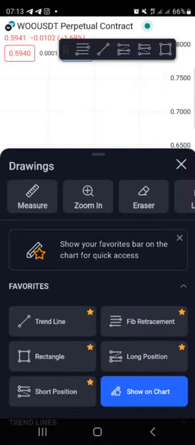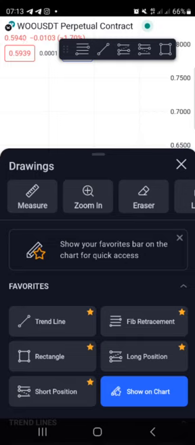There are some options that you need to get yourself familiar with, because you're going to be using them very often. You can see long position, short position, rectangle, and trend line. Then for more advanced traders, you can use fib retracement.